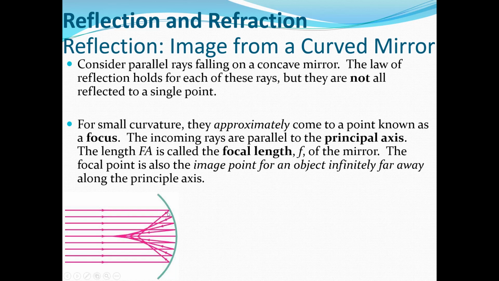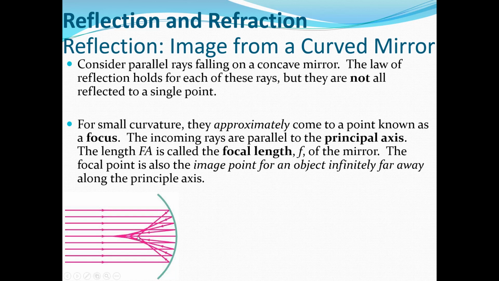There are a few terms here, like the term principal axis. The principal axis is pretty much the line that goes towards the center of the mirror along the radial length, if you will. So if these lines are all coming in parallel to this principal axis, they're going to land along the principal axis on the point called the focal length or the focal point.